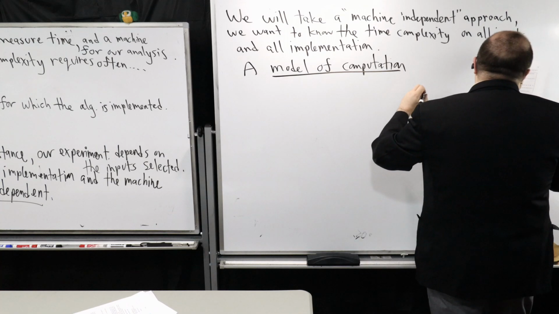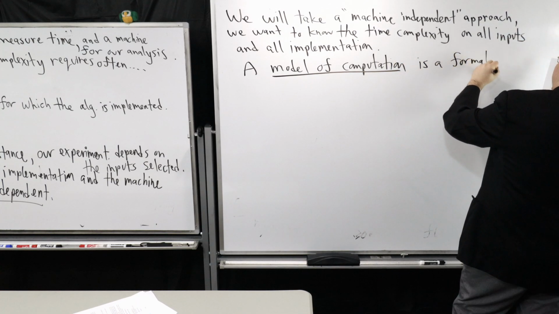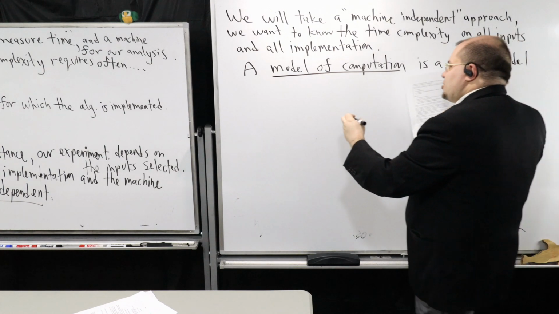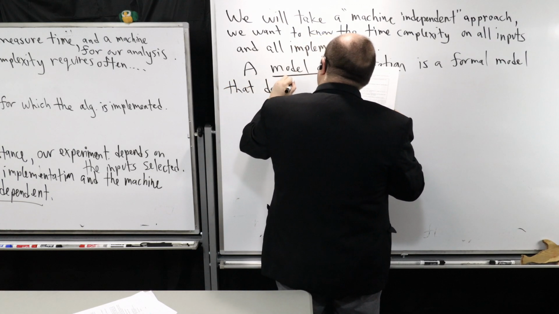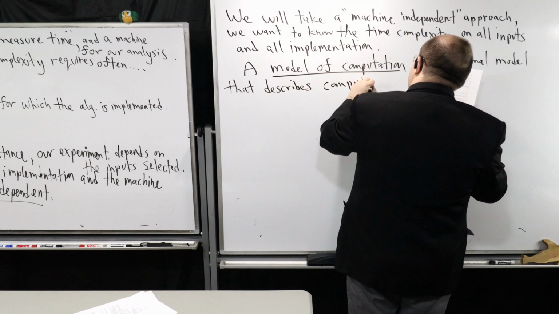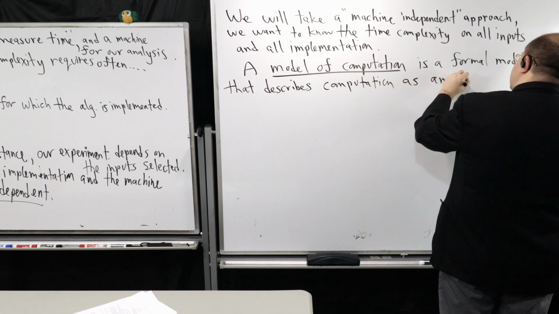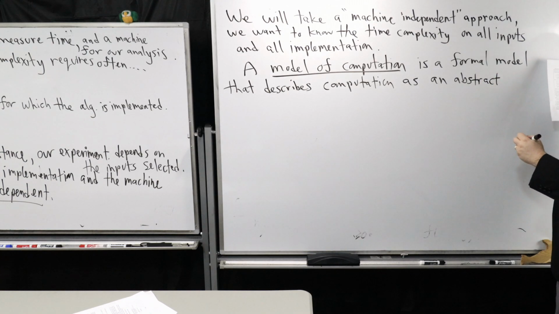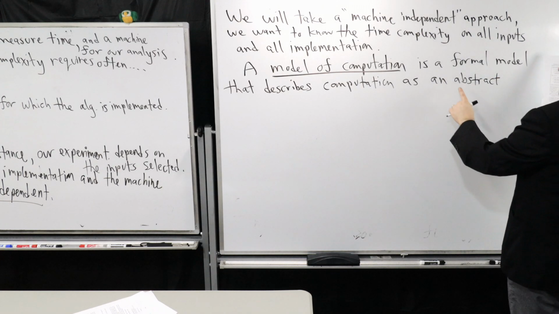A model of computation is a formal model. It's that mayonnaise and mustard. It's a formal model that describes computation as an abstract, describes computation as, let's go with hypothetical.